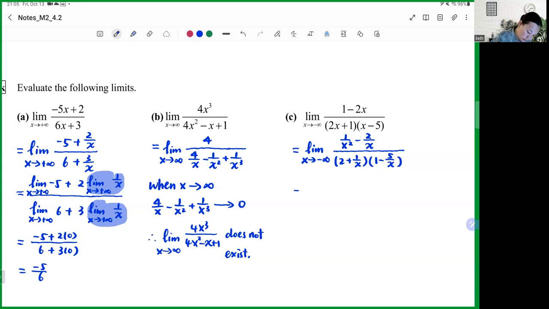So this technique. Now for the constant, I'll just write 2 instead of limit 2. For this constant 1, I'll just write 1.